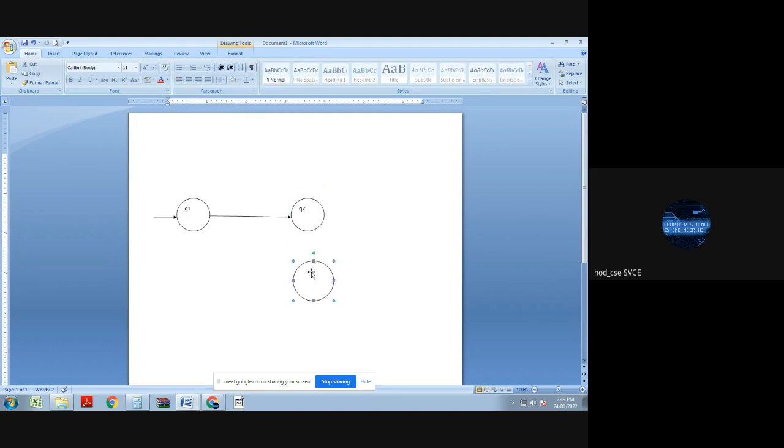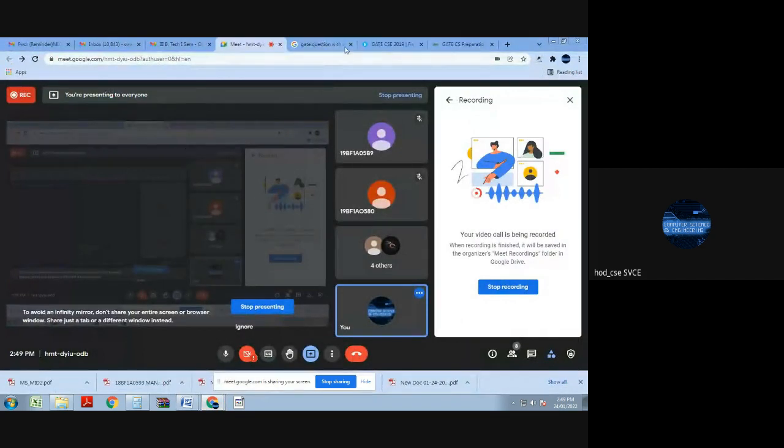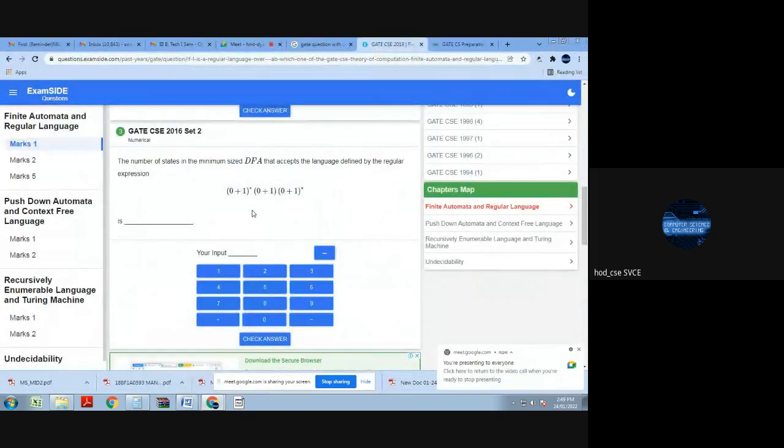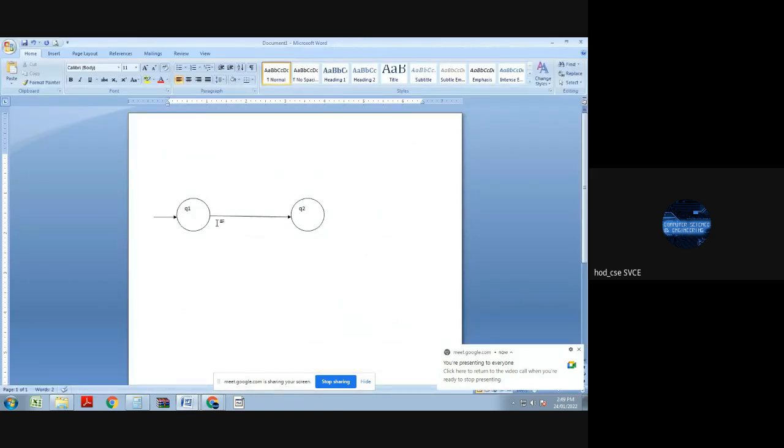Here the expression is 0 plus 1 whole star, 0 plus 1, 0 plus 1 whole star.